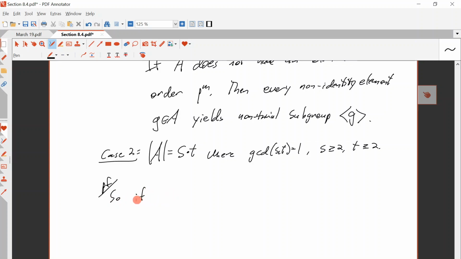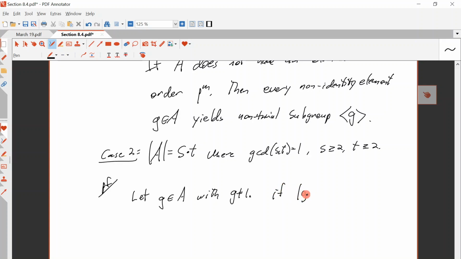So let g be an element of A with g not equal to 1.